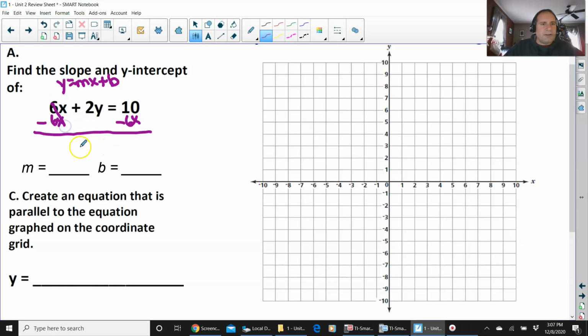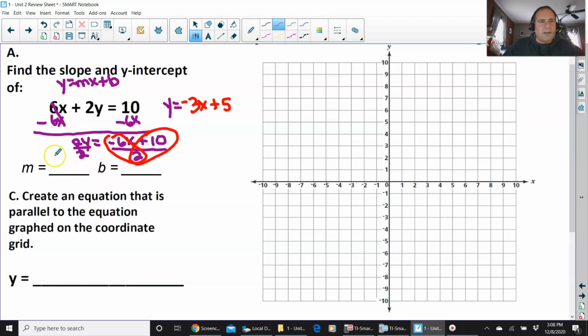This cancels. You have 2y equals negative 6x plus 10. You divide by 2 on both sides, and you get y equals negative 6 divided by 2 is negative 3. Don't forget the x. And then 10 divided by 2, nice numbers, plus 5.